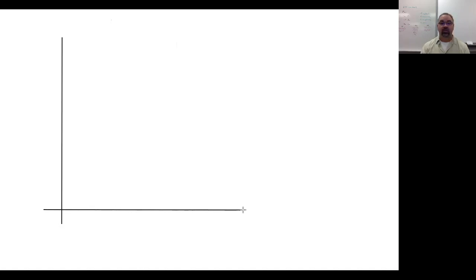In the formal definition, if I have my function, and it's going like this, and I pick an arbitrary point C somewhere on the x-axis.